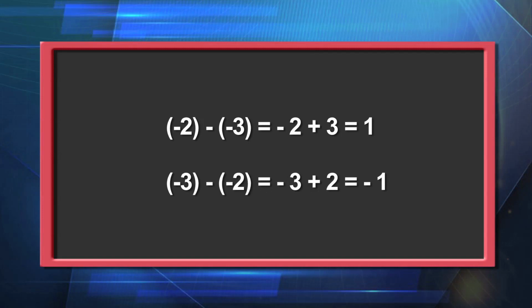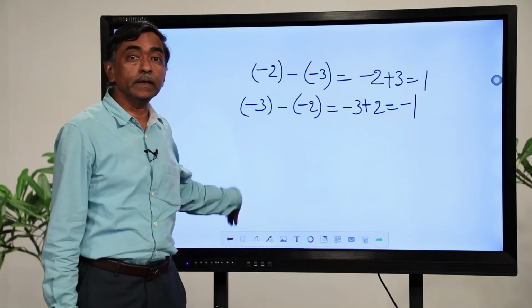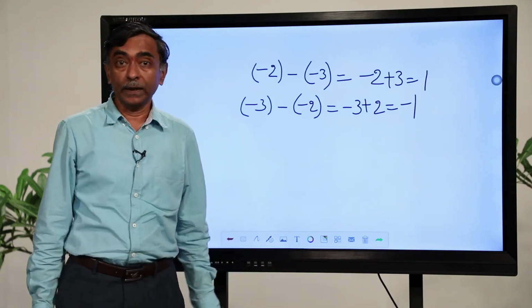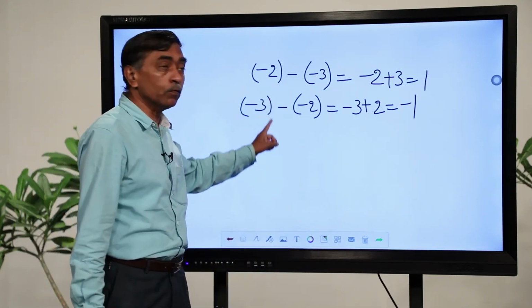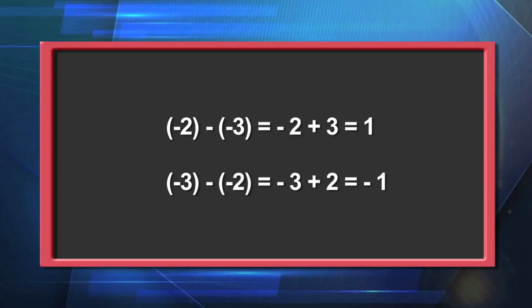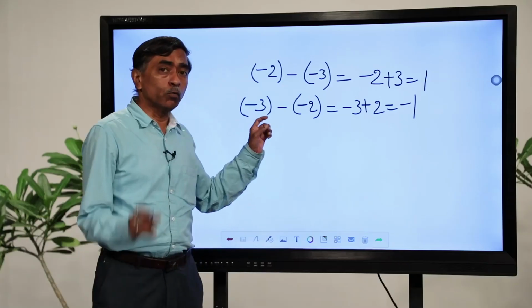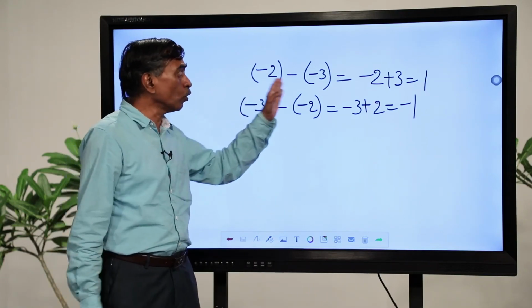Under the operation of subtraction, we found that the natural numbers, the whole numbers and the integers do not commute, that is, the commutative property does not hold for the operation of subtraction on the collection of numbers, that is natural numbers, whole numbers and the integers. Here you can see that one more thing you need to observe, that these were not also closed.